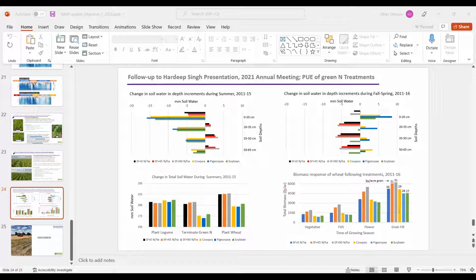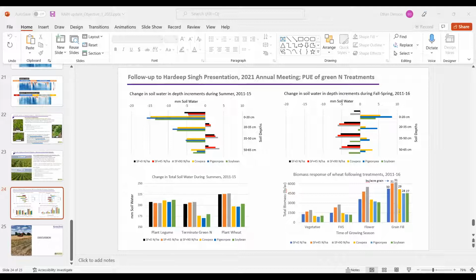But if you look at these things over 5 or 6 years, the bottom right is yield. And as you can see, if you're trying to grow forage, you're kind of in trouble. You're a good 2,000 to 3,000 pounds short per acre. That's a pretty big hit if you're trying to put gains on stockers. But if you look at grain yield, there's only about a 4 bushel difference between the green manures and the wheat itself.